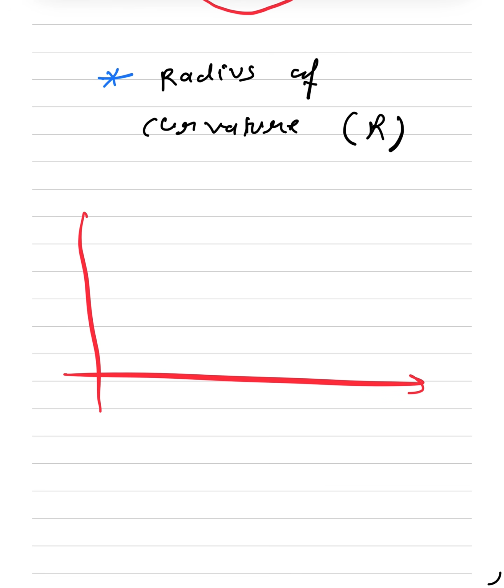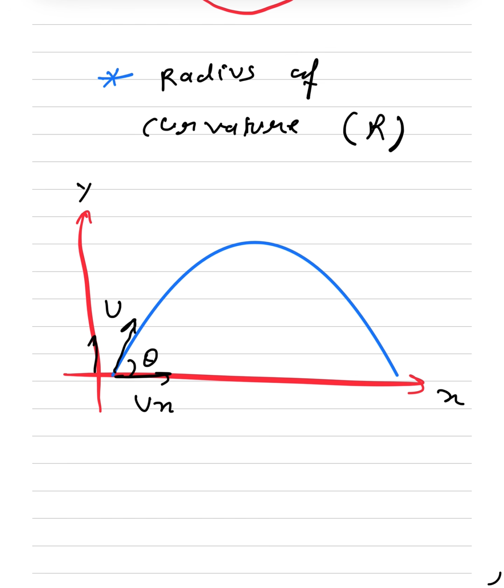Suppose this is a coordinate system, x axis and y axis, and this is a projectile path. The projectile velocity is u, with components u x and u y.